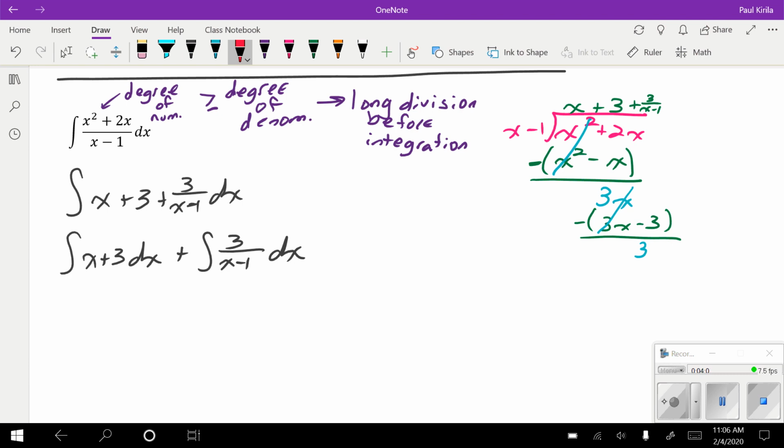I split it this way because I can just do the antiderivative of x and the antiderivative of 3, and then I just need the antiderivative of 3 over x minus 1.